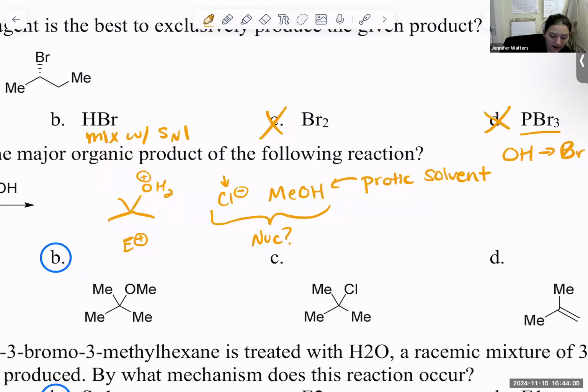Chloride is not a nucleophile in protic solvent. It's too small. You get a tight solvent shell, it is not good at locating anything. So that means methanol is my nucleophile. So methanol is weak.